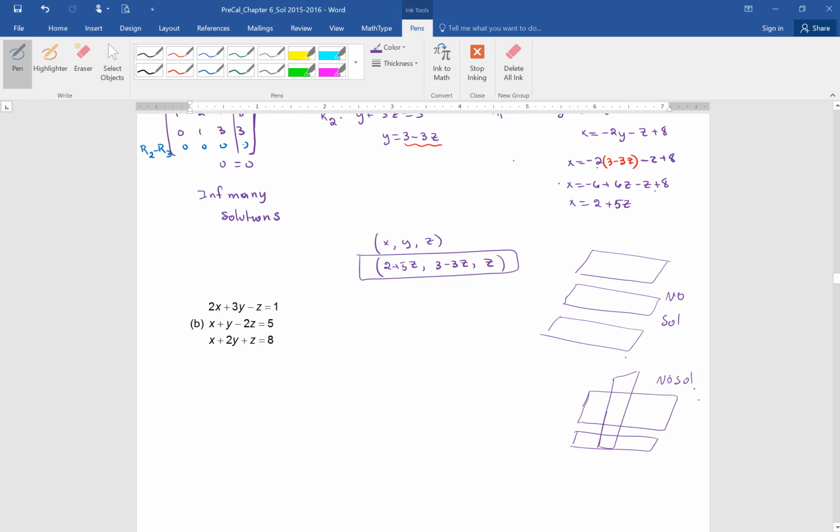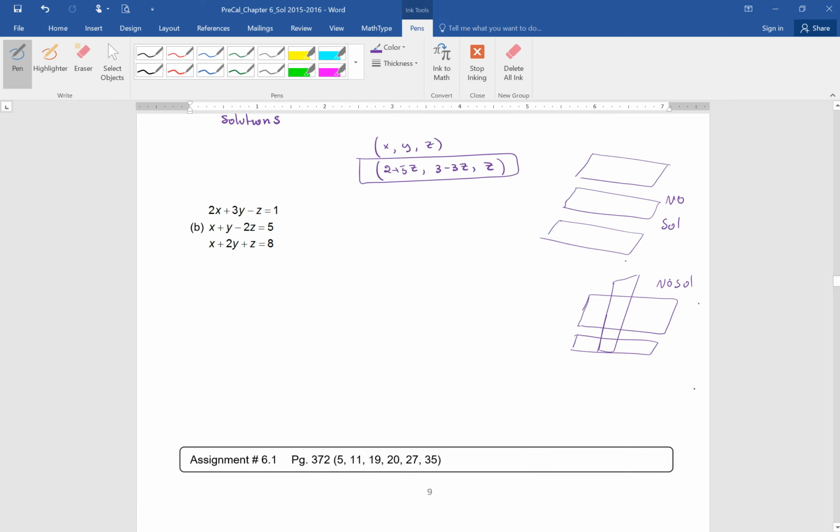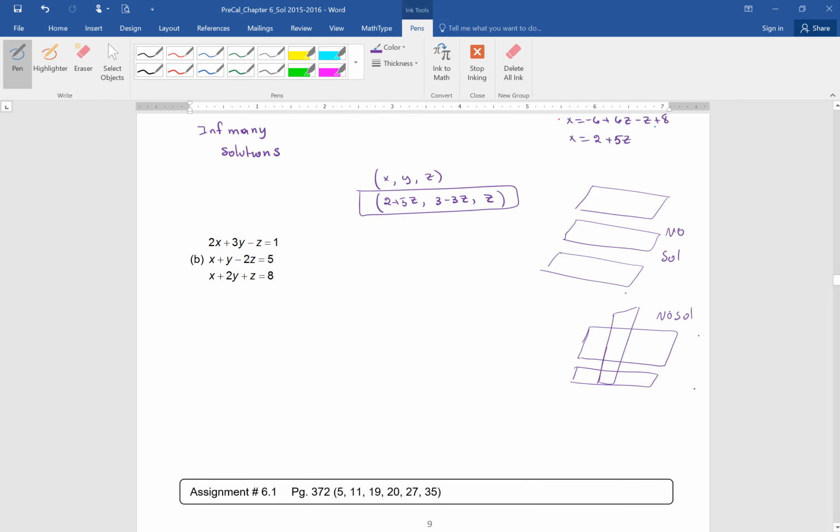However, and I'm not an expert at drawing this, you can get situations where all three of your planes cross like the pages of a book, right? So you have 1 plane, 2, and 3. And all 3 cross at this line here.